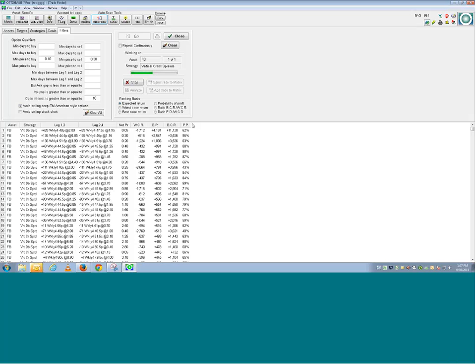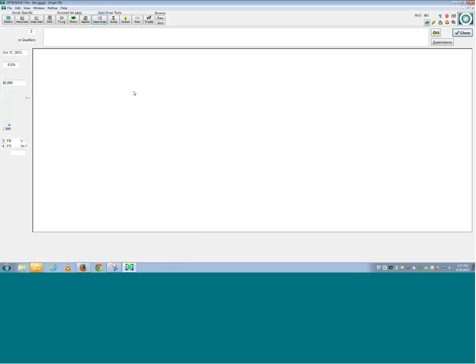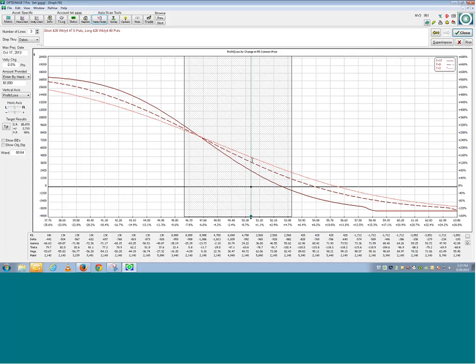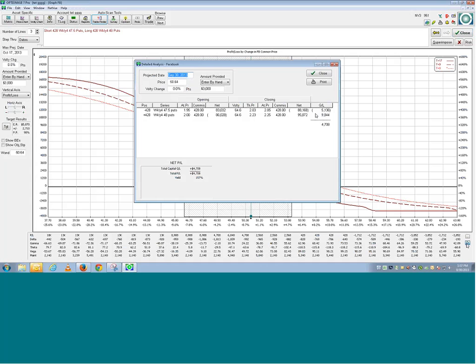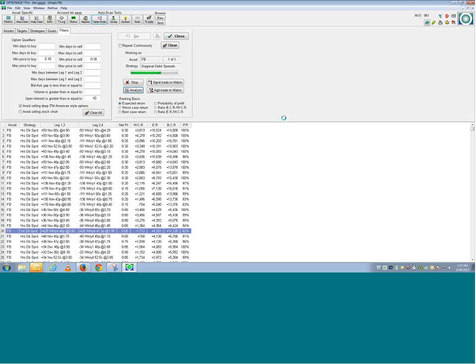So let's just see what we get. Expected return. Here's the one with the highest expected return. And again, it found an option that is just inherently, look at that, 8 cents. This is 23 cents, these 48 puts. And it found those 48 puts, and it's teeing off on that. Let's send that trade to the matrix.